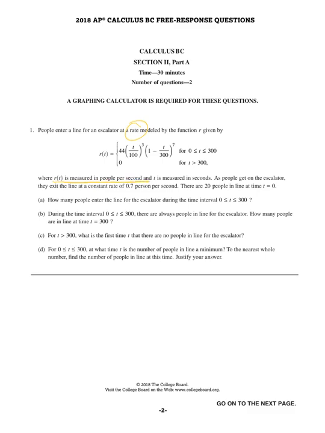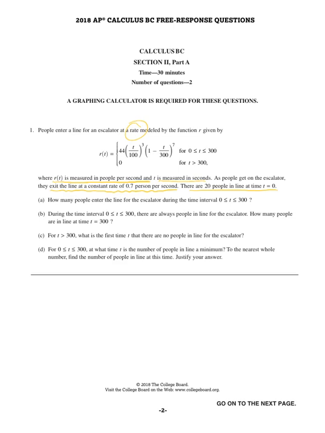T is seconds. As people get on the escalator, they exit at a constant rate of 0.7 per second. So that rate is always going to be multiplied by the number of seconds. A lot of students struggled with the 0.7. There are 20 people in line at time 0. That is your initial condition.